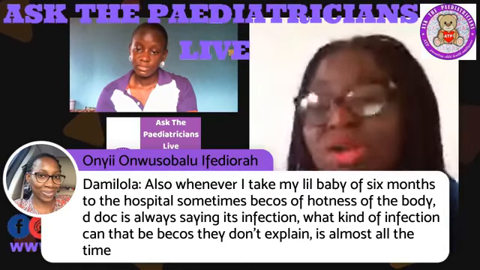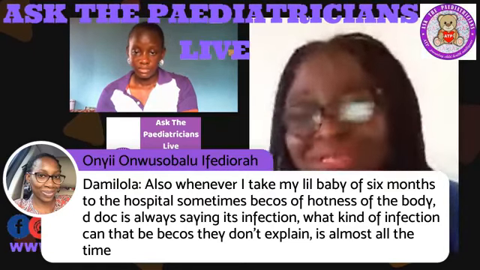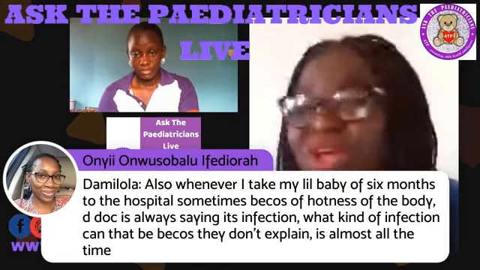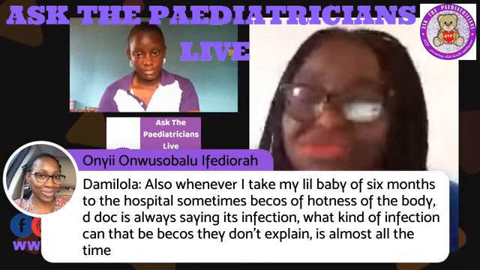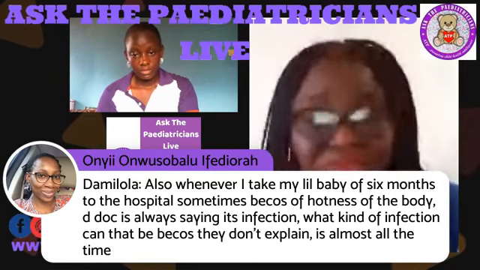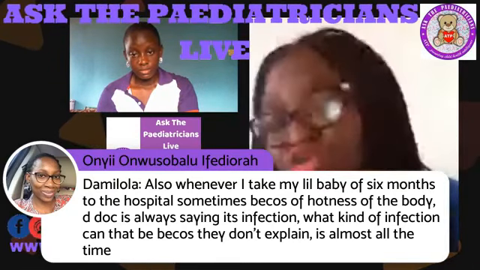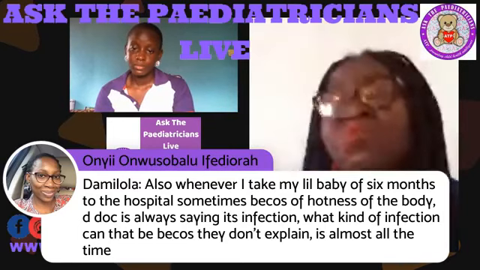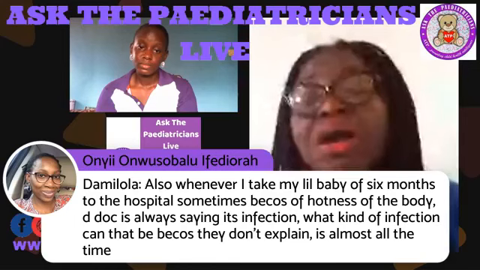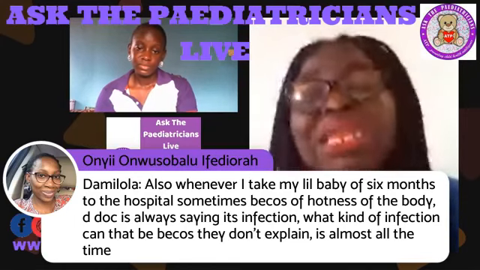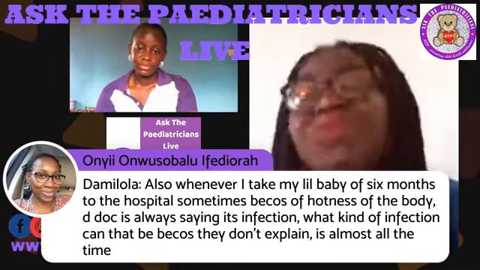So number one, about the boy, the child needs to be treated. That is a separate infection. The fact that the child was treated last month does not mean it covers this month. The child still needs another treatment, and this is a different part of the body. It's not even the same throat as before. But more importantly, when you go back to the hospital this time around, you and your doctor should have that conversation about, why is my child coming down with infections every month?